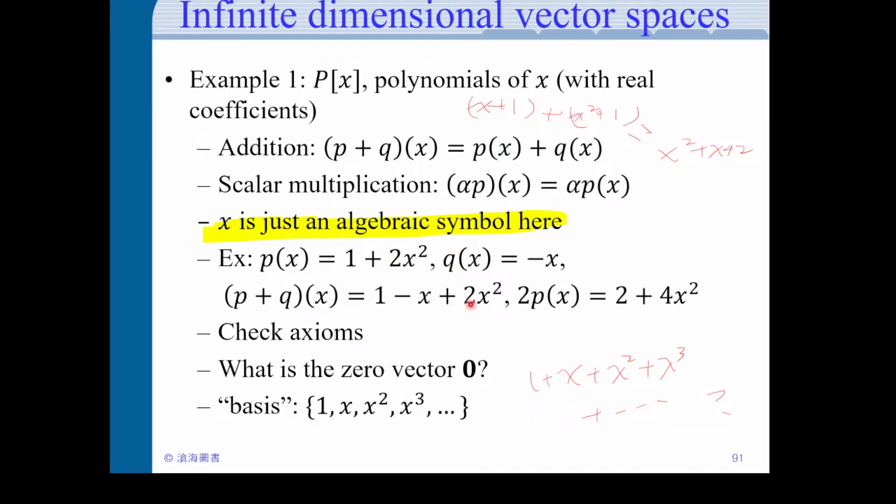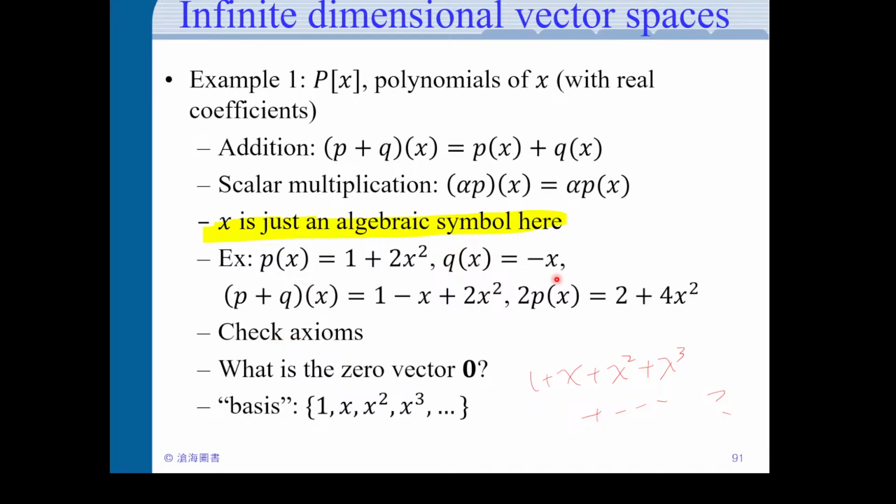Okay, and here we have a more written example. So we have p of x equal to 1 plus 2x squared, and q of x equal to minus x, and p plus q of x equal to this thing, and 2p of x equal to this thing, etc. And you can check the axioms, and you see that they are satisfied.